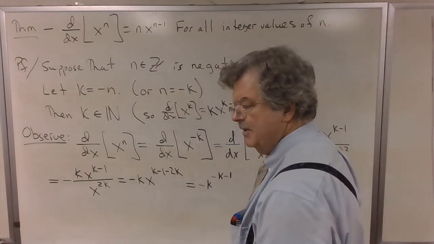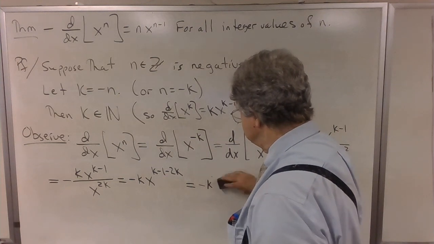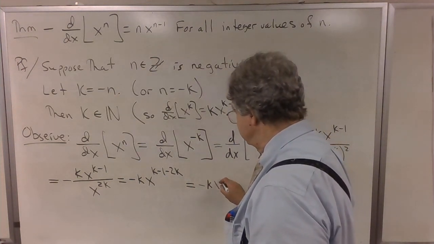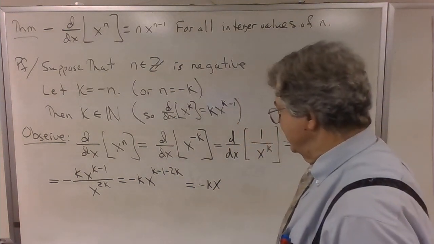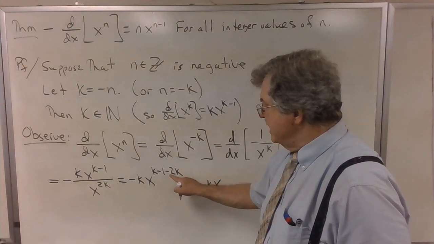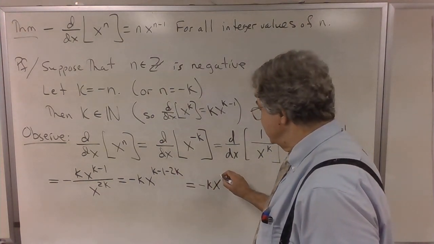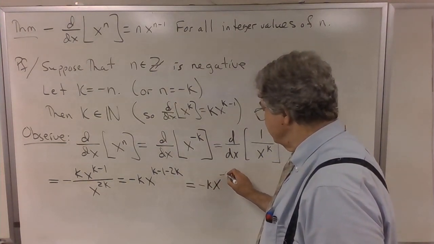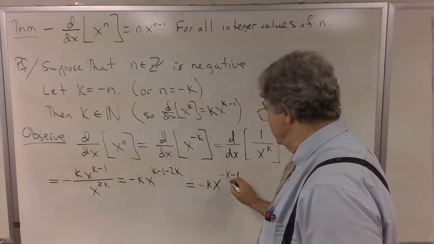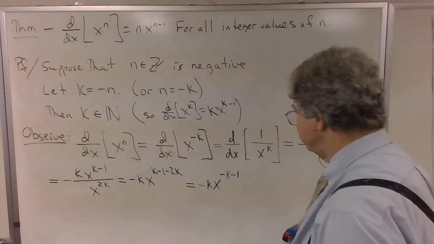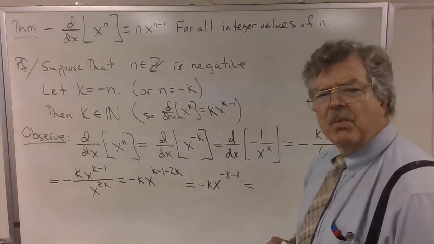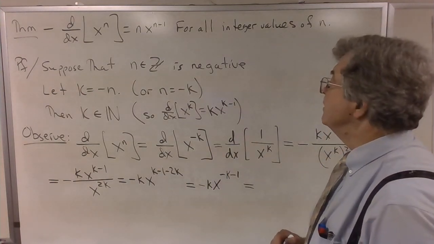Oh, shoot, I forgot my x. Okay. Looking at the exponents, I have k minus 2k, so that's negative k, minus 1. But what is negative k?